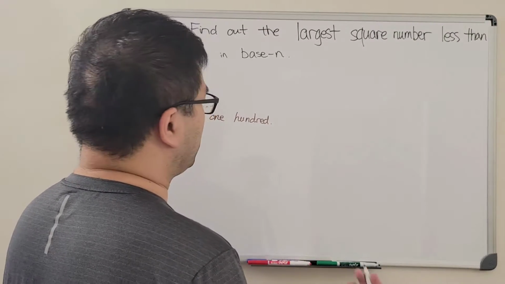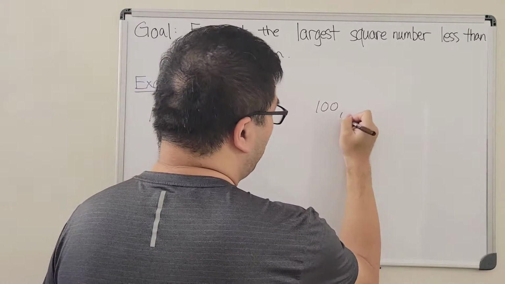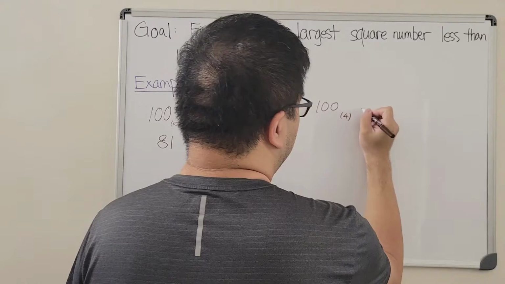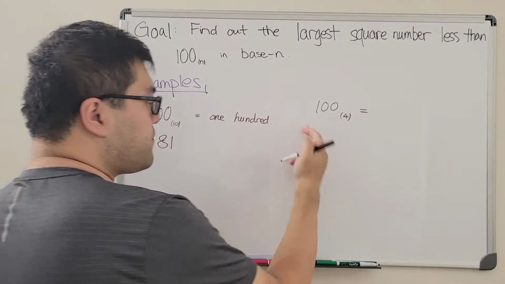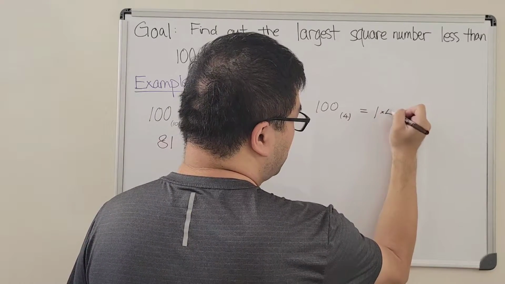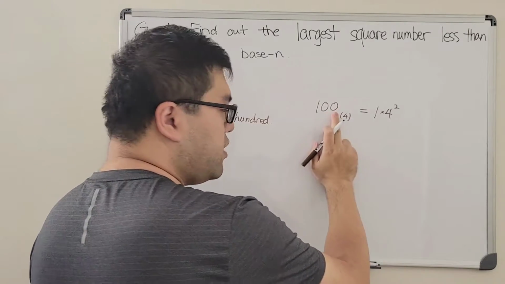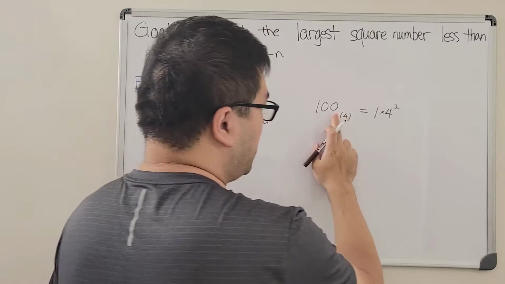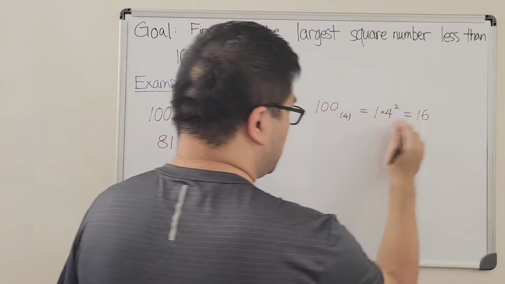Let's say this time we're going to do it in base 4, for instance. Okay, so what does this really equal? Again, this notation means we have one copy of 4 to the second power plus 0 copies of 4 to the first power plus 0 copies of 4 to the 0th power, which is 1, which gives us 1 times 16, which is 16 here.